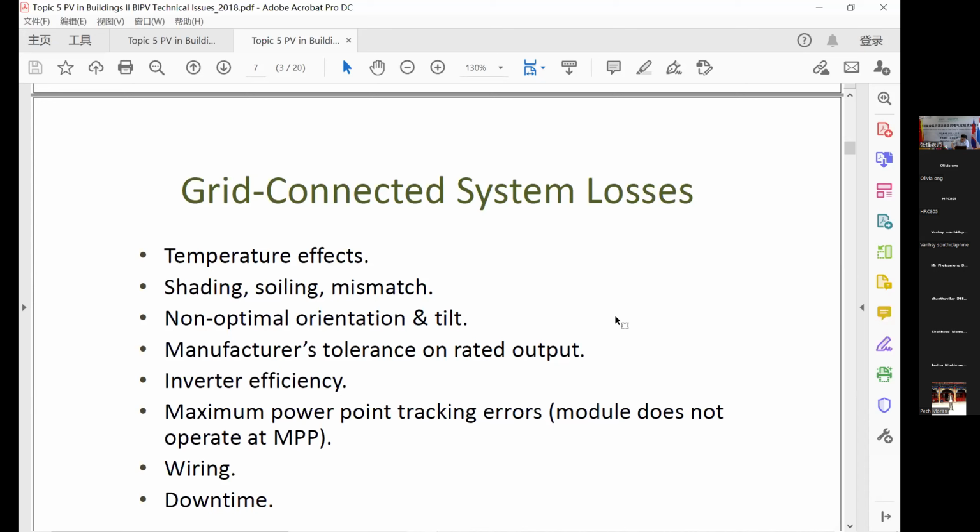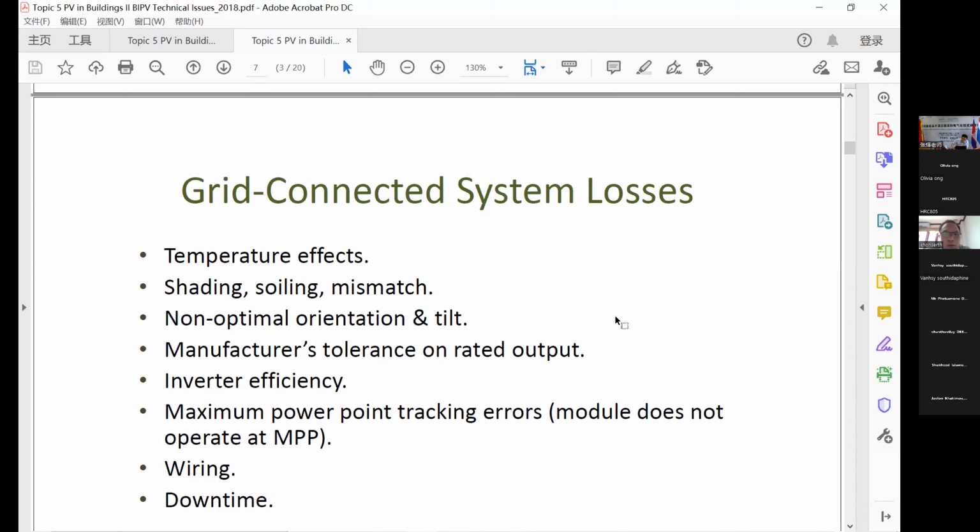And the third one is non-optimal orientation and tilt. Sometimes, especially for PV walls or PV curtain walls, we cannot adjust the orientation and the tilt of the PV module. But for the rooftop system, we definitely can adjust the orientation and the tilt.